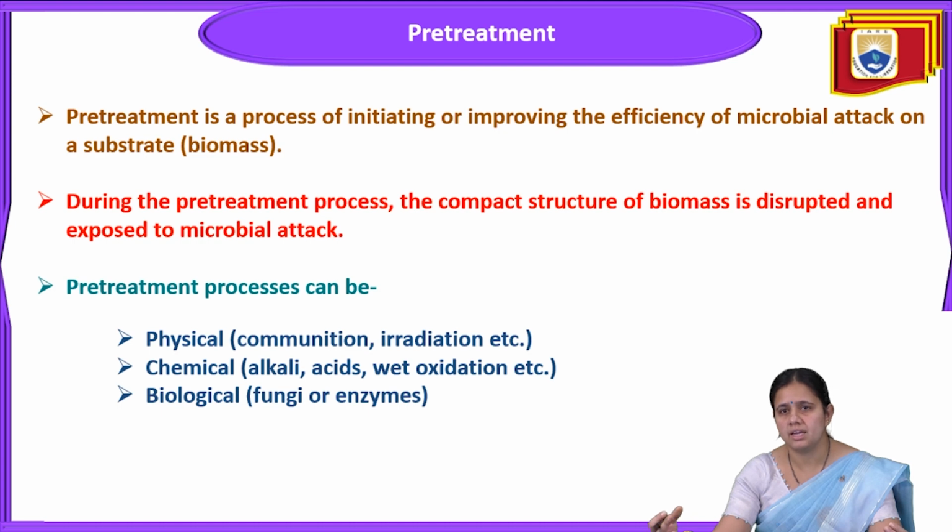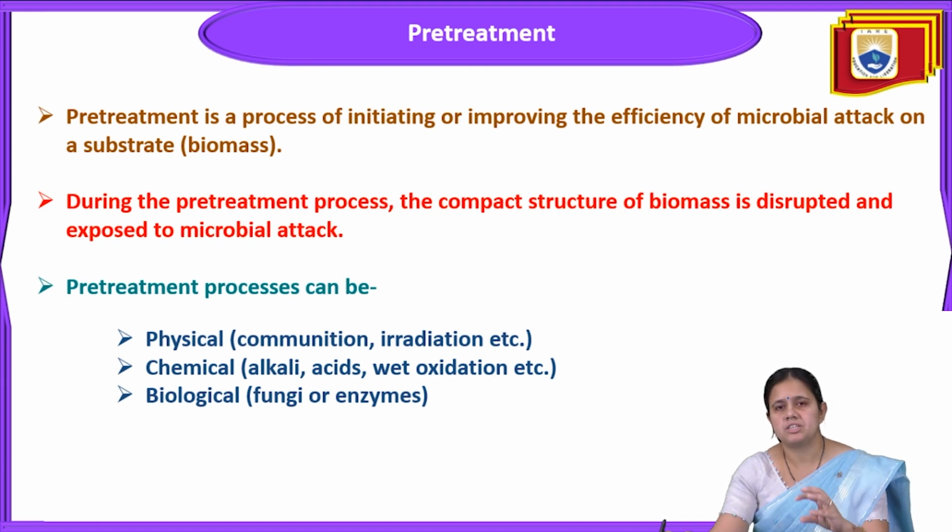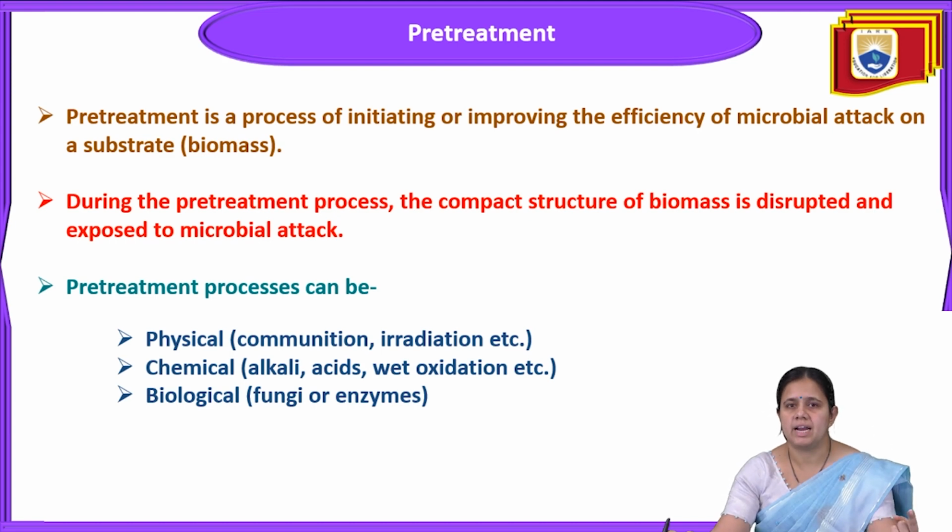Here we are discussing pre-treatment. Pre-treatment means the treatment of the substrate that we are going to add into the digestion chamber for anaerobic digestion. Sometimes we add biomass sludge, or energy crops like sunflower waste or crop waste.